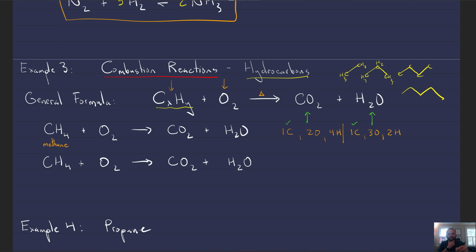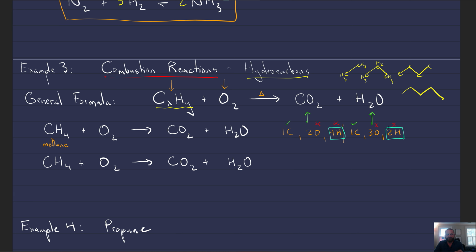The hydrogens and the oxygens don't agree with each other. So, since carbon is taken care of, let's start with hydrogen, as prescribed by our strategy that we talked about earlier.